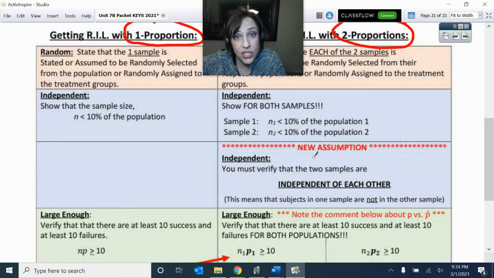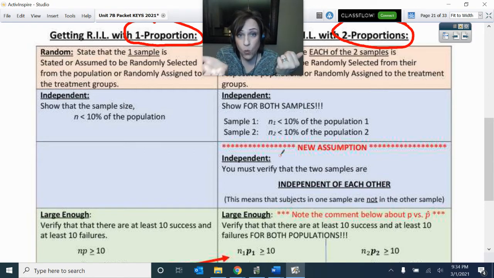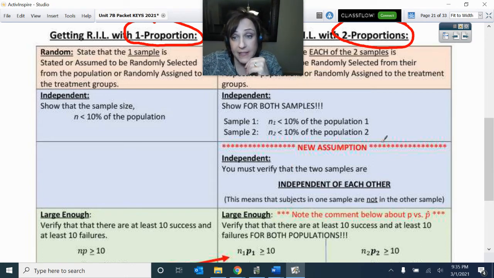This is the addition that we do, and it is important, and I think you can understand why, that when we have two different samples, we need to confirm, state, and acknowledge that these two samples are independent of each other. Because basically, you're saying the subjects in this one are not counted in what's happening in this other group. Okay, so they're two different sets of subjects. So you're going to verify that they are independent of each other.